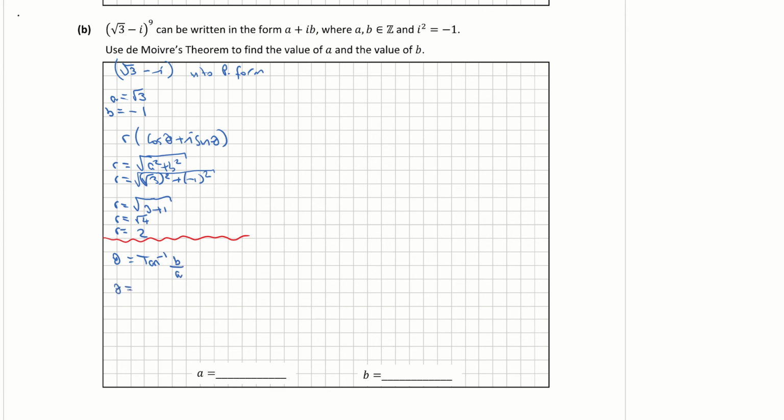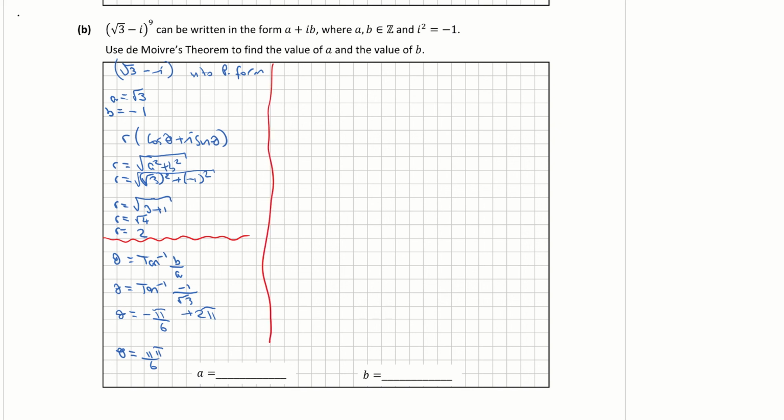So the angle is equal to tan inverse of minus 1 over the square root of 3, which is giving me minus pi over 6, or minus 1/6 pi. I'm going to work to the positive here, so I'm going to add on 2 pi. I don't want a negative solution. So that's giving me a theta, an angle of 11 over 6 pi.